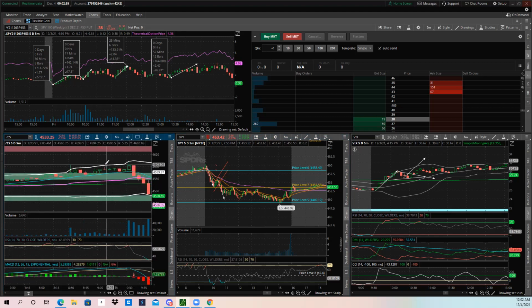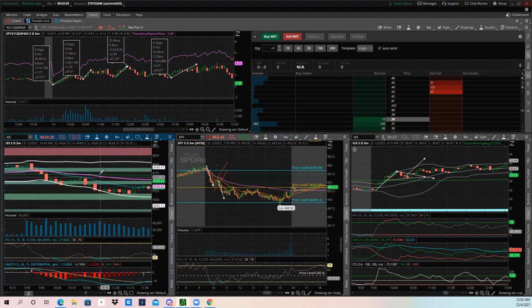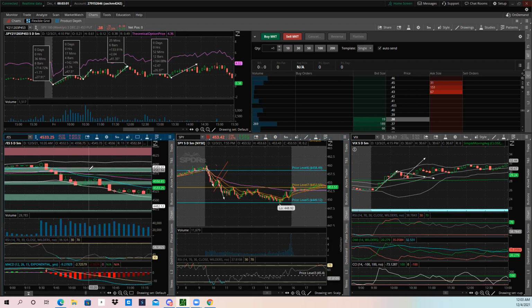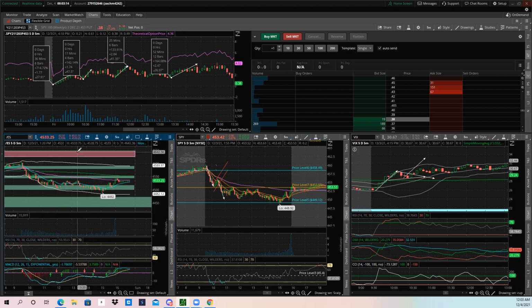Now I have 15-minute and 1 hour and also 4-hour demand zones charted up. These little small boxes tend to be 15-minute supply zones, demand zones. And then you see something much bigger up here. This is a supply zone where we could see a sell-off. It's a little bit bigger than these because this is on the 1 hour chart, and then we have a 4-hour chart demand zone down here. But as you can see, these have all been pretty valid.